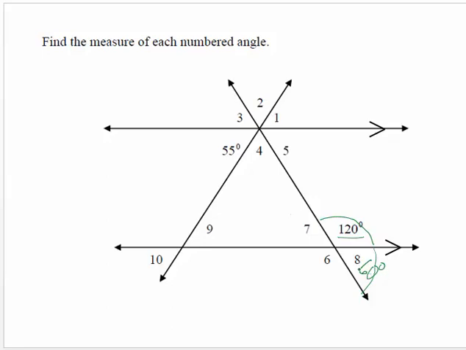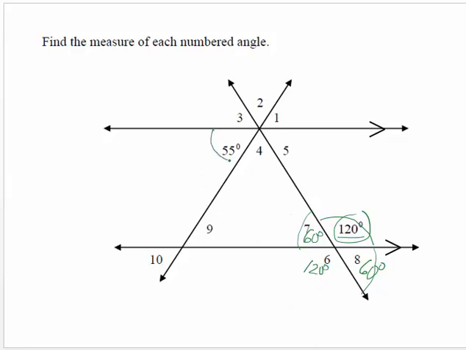And once we know those 2 angles, if angle 8 is 60, then angle 7 is 60 degrees, and angle 6 is 120 degrees for a couple reasons. You could say it's because it's vertical to this one, or you could say because it's supplementary to this one. But we've now gotten those 4 angles taken care of.